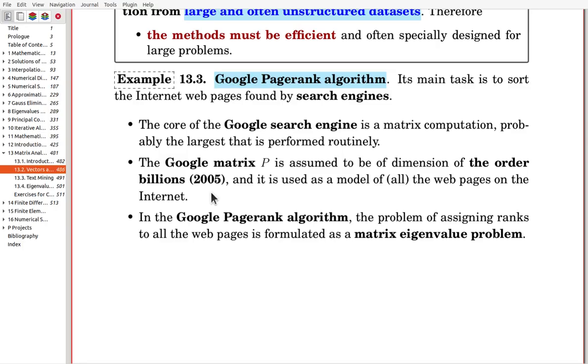In the Google PageRank algorithm, the problem of assigning ranks to all the web pages is formulated as a matrix eigenvalue problem, which is the topic in the last section of the chapter.